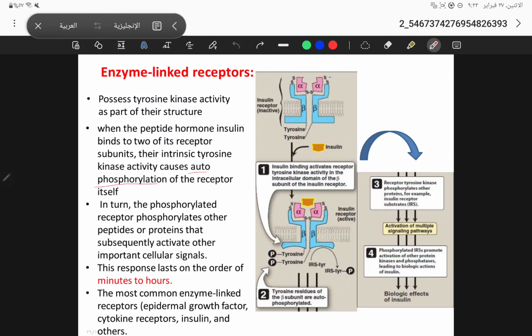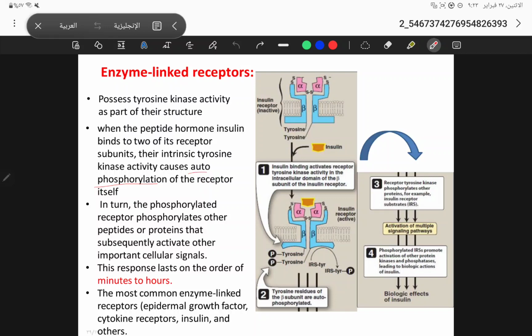In fact, we have autophosphorylation. Tyrosine kinase of one unit will cause phosphorylation of the adjacent unit. This is what we call autophosphorylation after binding of insulin to the receptor. هسه صار فيها phosphorylation.